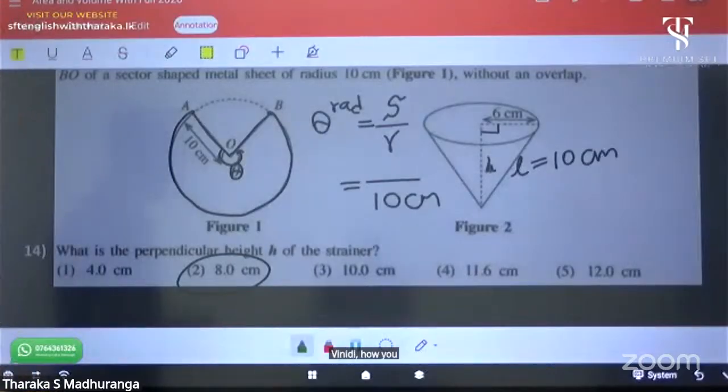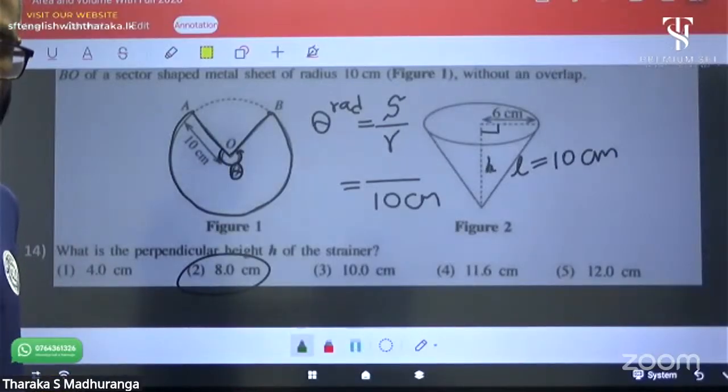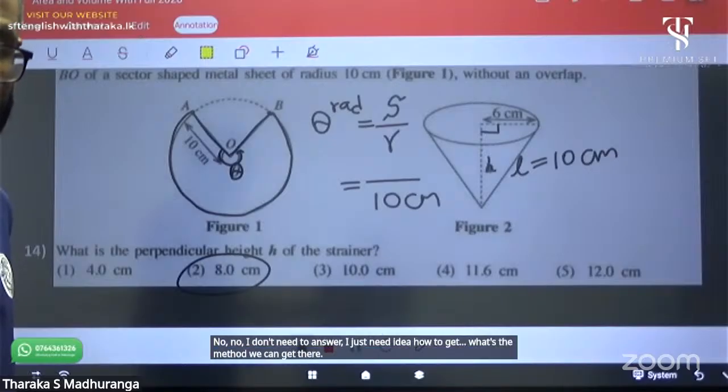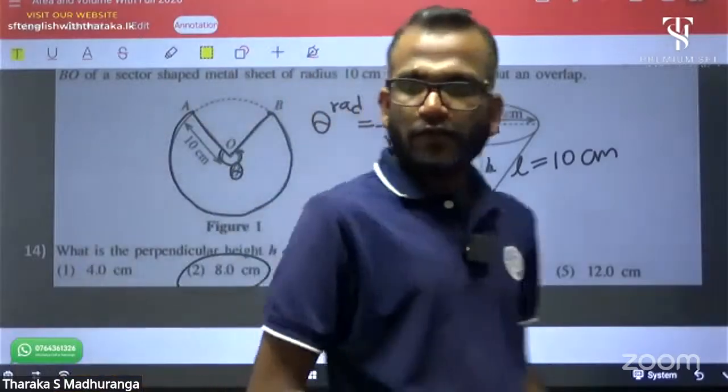How did you get it? No, I don't need the answer. I just need an idea of the method we can use to get the arc length. Any idea?